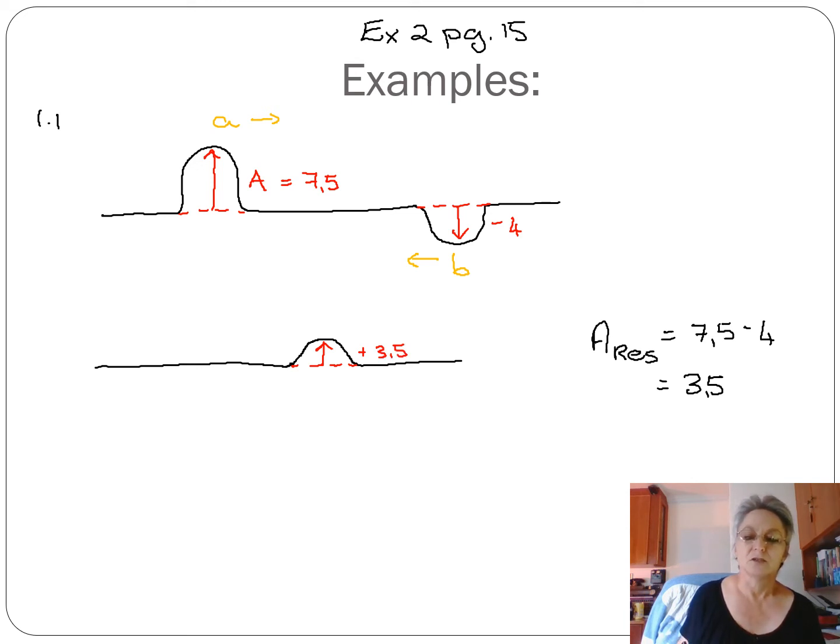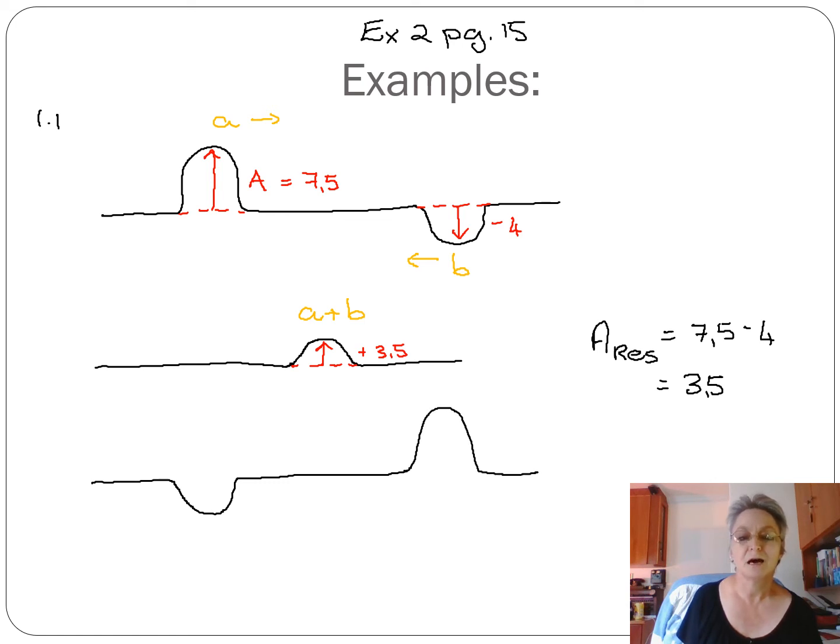This is an example where pulse A meets pulse B. They are in superposition. After they have met, pulse B would still continue moving towards the left, and pulse A will continue to move towards the right unchanged.